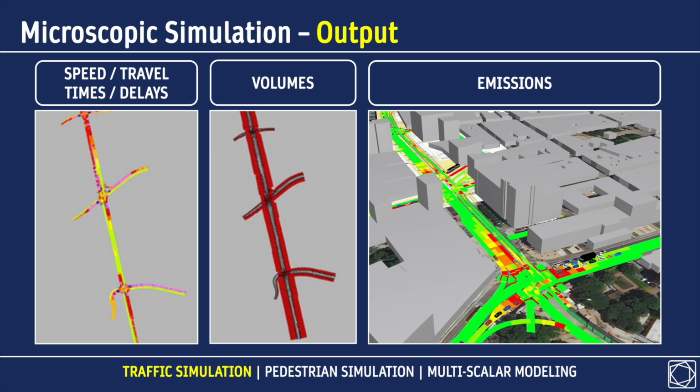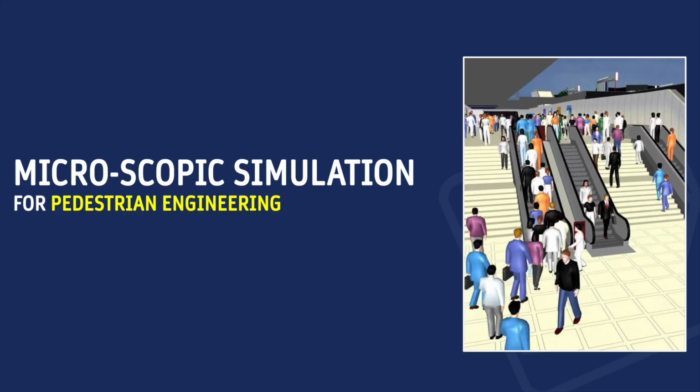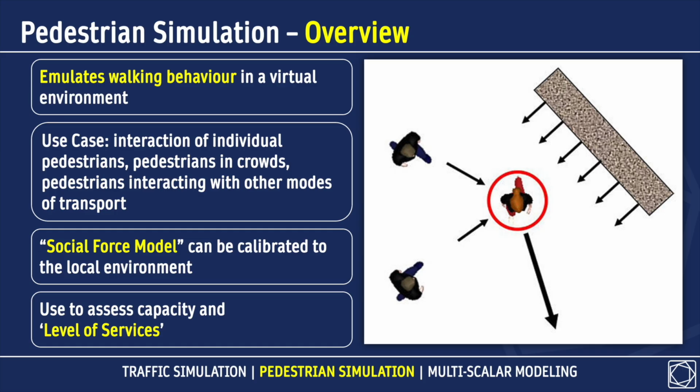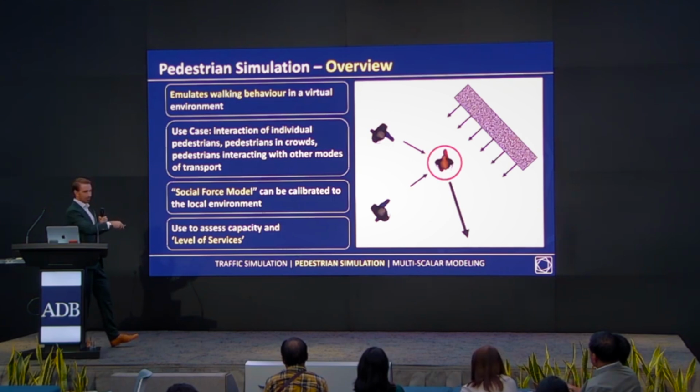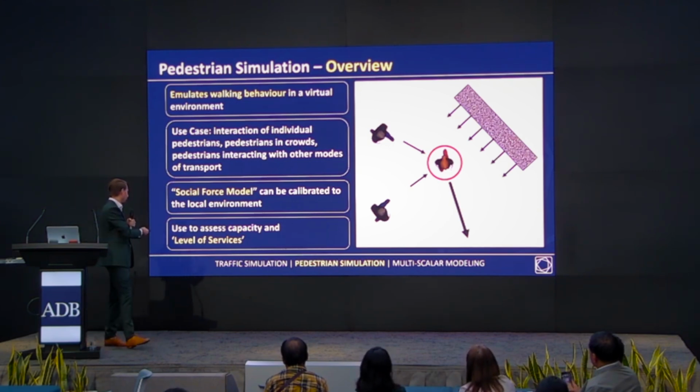You can use it for many different purposes, for understanding travel times, travel volumes, vehicle emissions. And then going even at a more detailed scale, we also have pedestrian engineering. And this is, again, similar concepts, but obviously people move very differently to vehicles. And this is not based off the car following model, but off what we call the social force model.